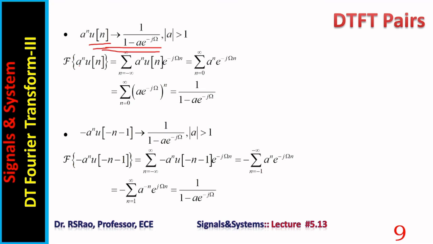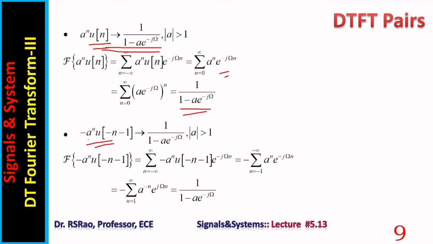Transform of a power n u of n is equal to sigma n minus infinity to plus infinity a power n u of n e power minus j omega n, equal to sigma n 0 to infinity a power n e power minus j omega n. So it simply becomes equal to 1 by 1 minus a e power minus j omega.